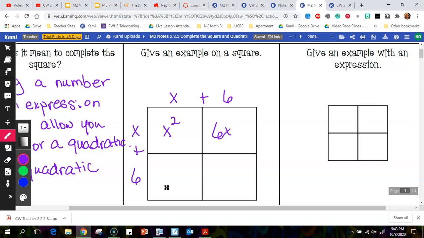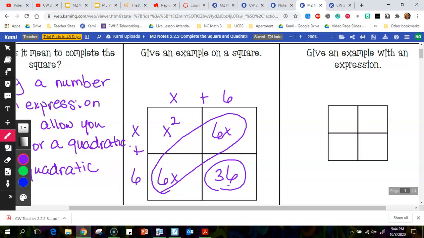This is 6x. This is also 6x, and this is 36. And so this is that 12x that we would look at divided by 2, and then this is that number squared. So my perfect square trinomial would end up being x squared plus 12x plus 36.